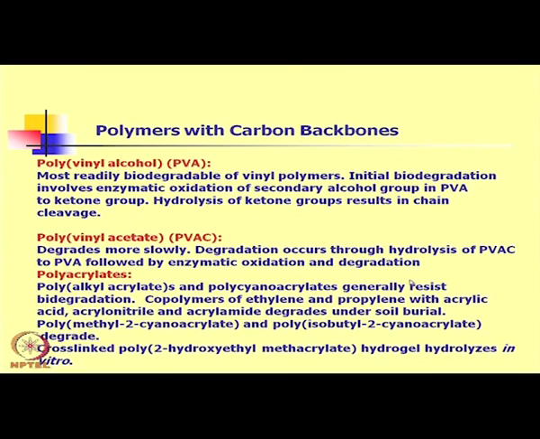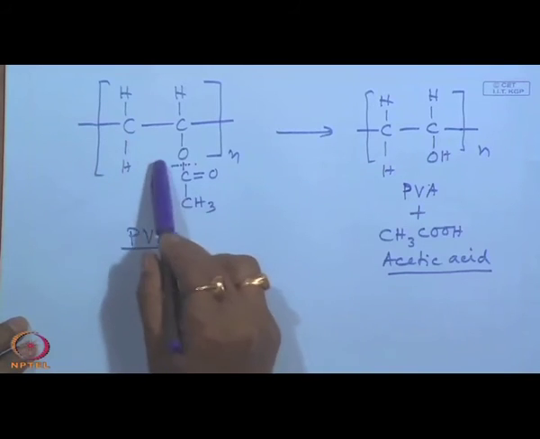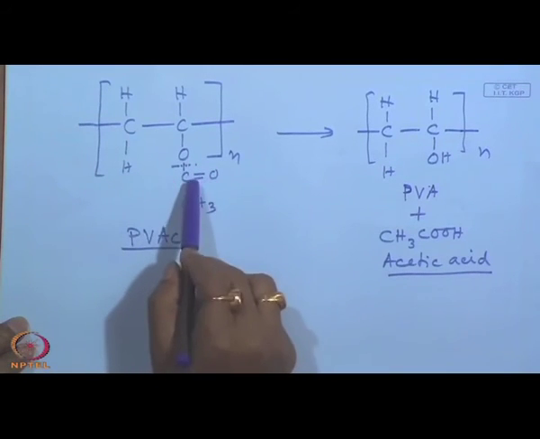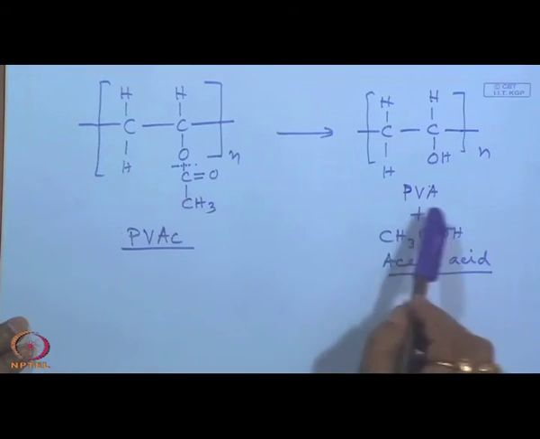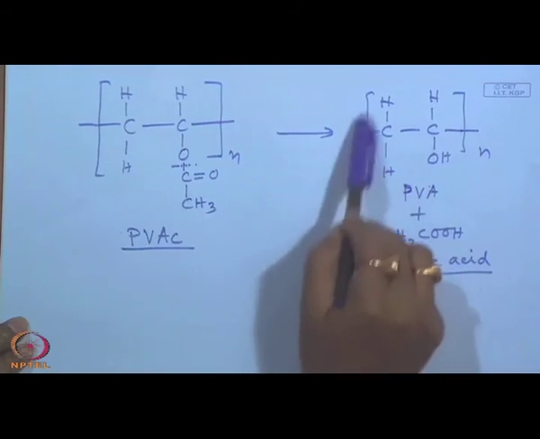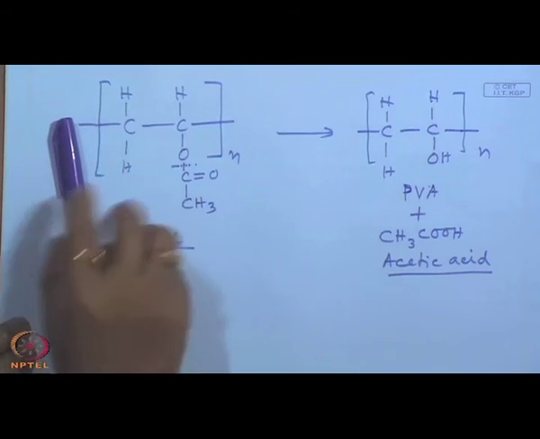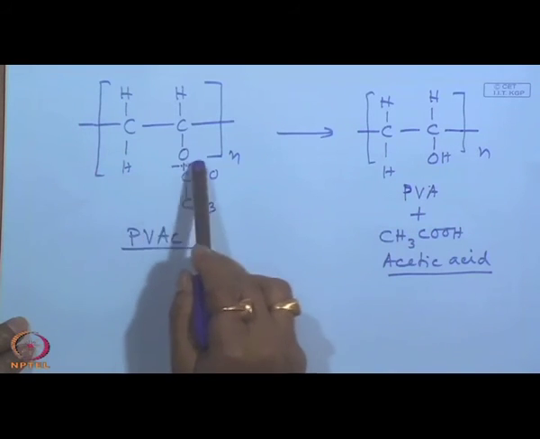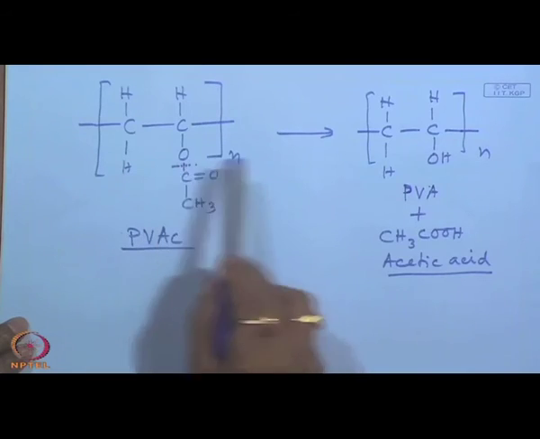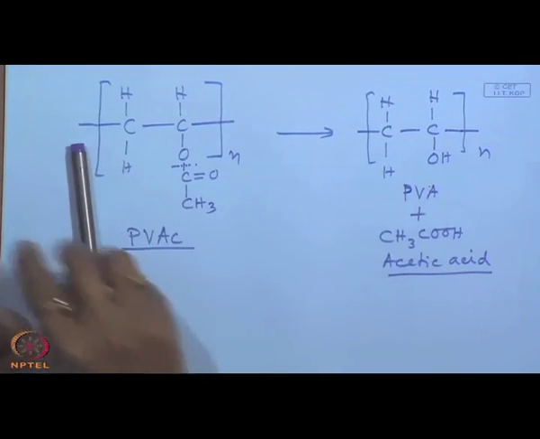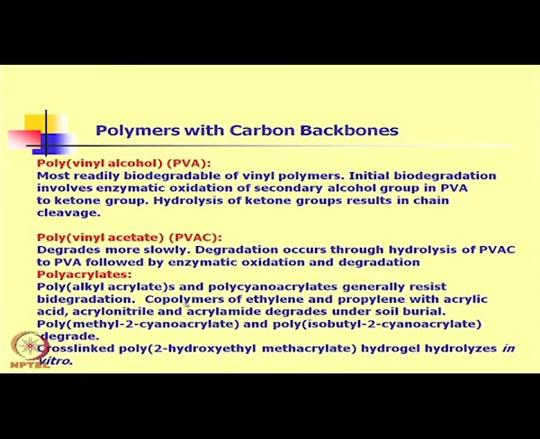So, first this acetate group will be hydrolyzed, followed by enzymatic oxidation and degradation of this polyvinyl alcohol. Because of this first step of hydrolysis, then degradation, it takes longer time or degrades slowly.